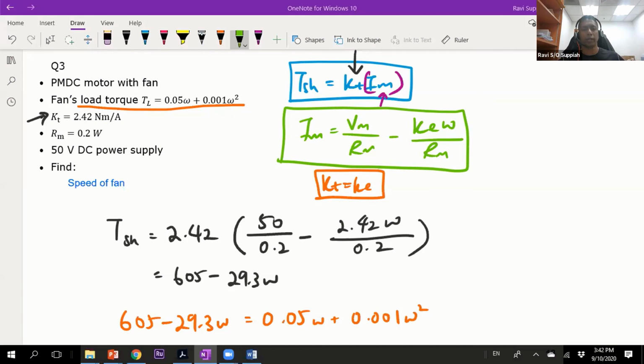Unless we give you other information, you can take it that the shaft torque and the load torque are the same because they are connected together, which is like how you are driving your motor in the studio. They are both directly connected together.